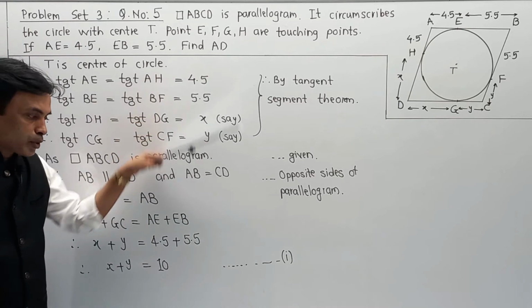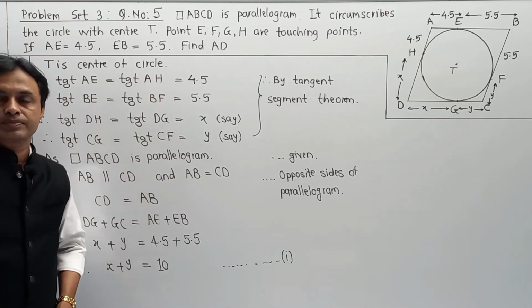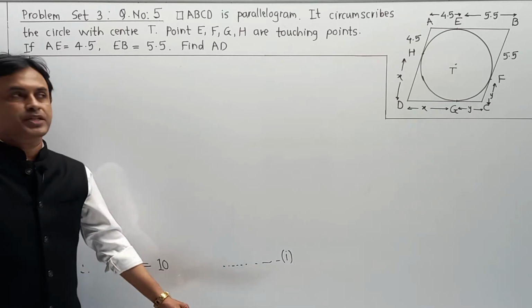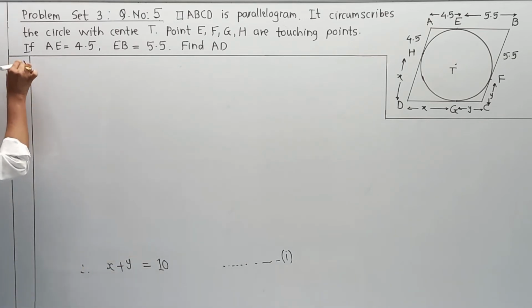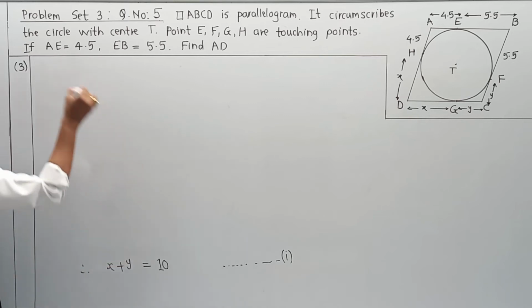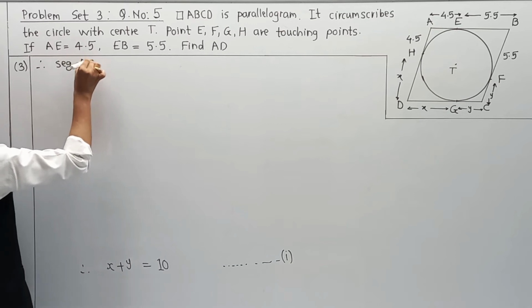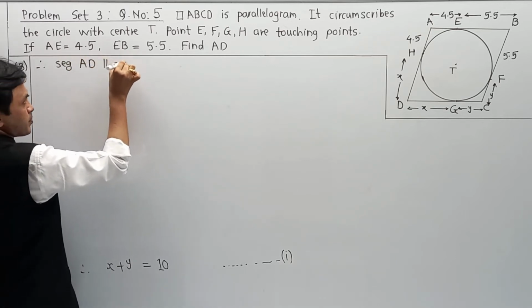For this part, I am going to rough it and I am going to use this equation for the next part. So please pay attention. Now keeping X plus Y is equal to 10, this equation as it is over here in the next part. So I am going to write third group. And in the third group, AD is equal to BC, sec AD parallel to sec BC.